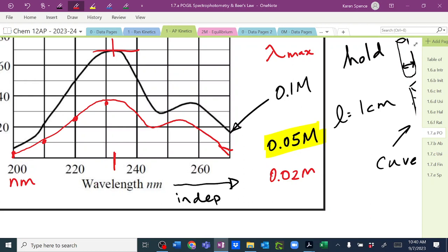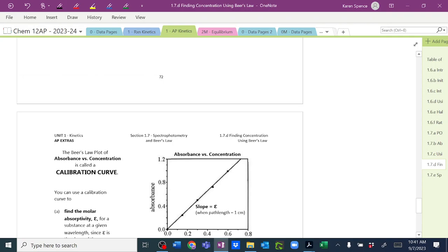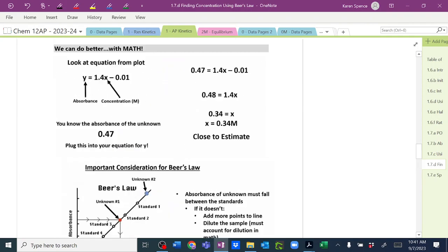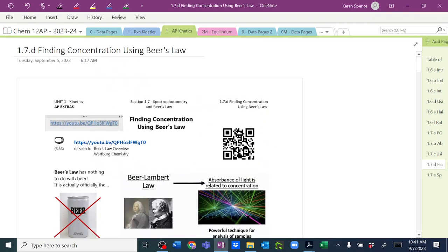Oh, the absorptivity constant. It's just a constant, and you actually calculate it. Let's see, do I have that one here? You know what? Let's watch this little video because it's not that long.